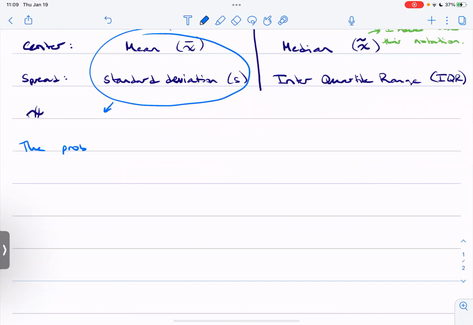So the problem with the mean, and I guess standard deviation, although it kind of behaves in a different way.